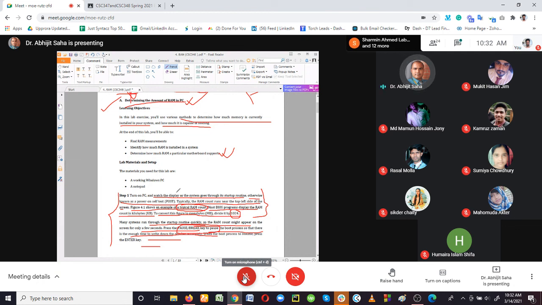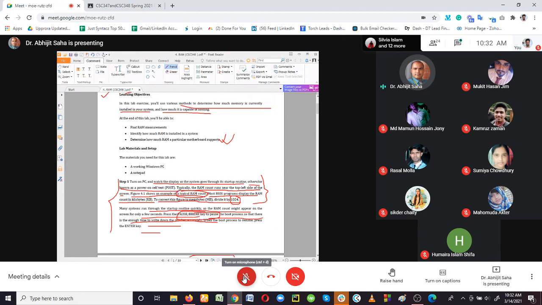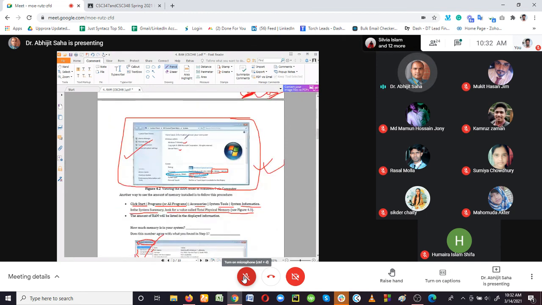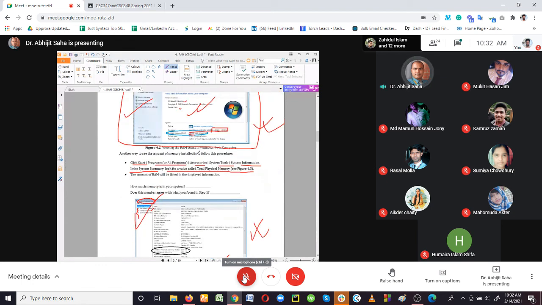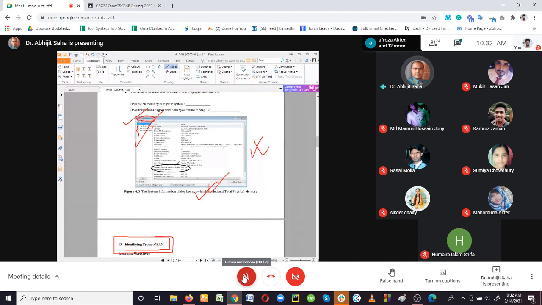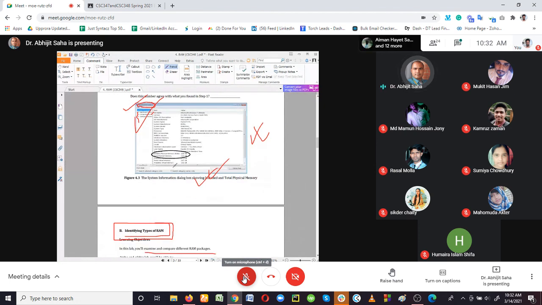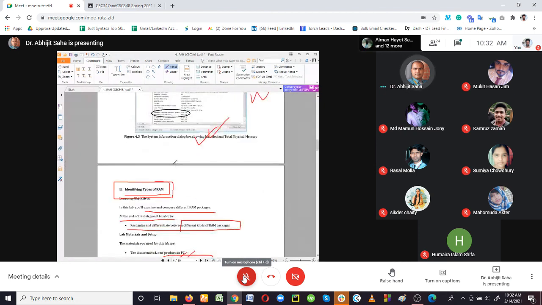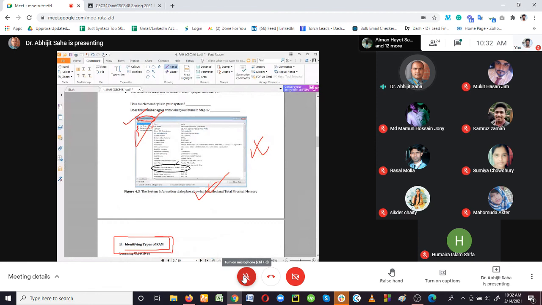Take the picture and give it, okay, this is another way. Then give the picture of your control panel. This is actually the properties of the computer icon. And then you go to the system information, give the picture and show how much RAM you have. So there are different ways, and step by step you can show.